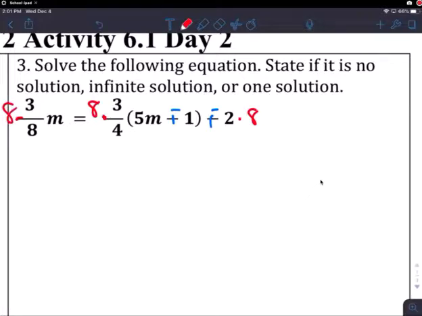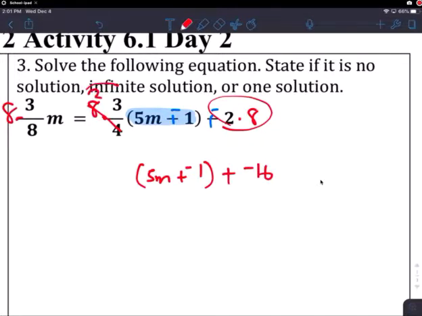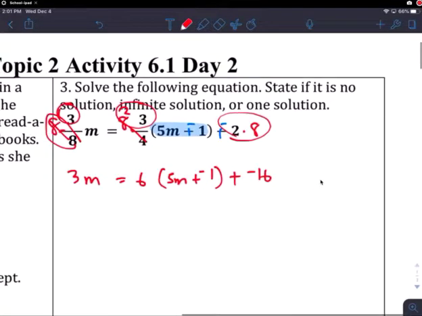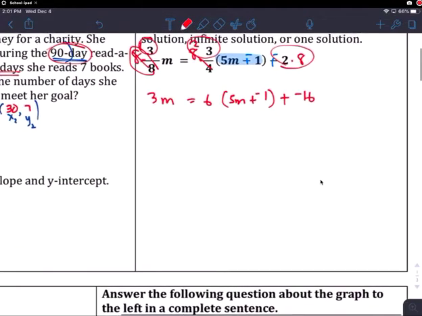Everything except inside the parentheses we leave alone. It's shielded, right? And then you get negative 16 there, and then you cross cancel, 2 times 3 is 6, and then this is 1 times 3 is 3m, and then you distribute, and then you solve for the variable m.